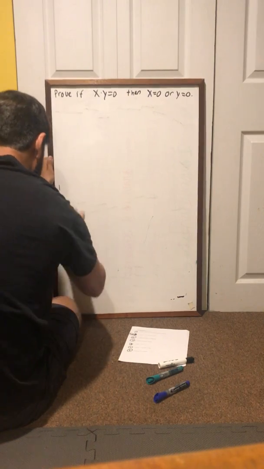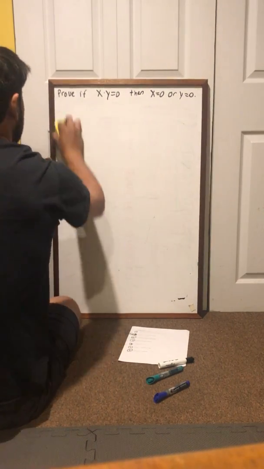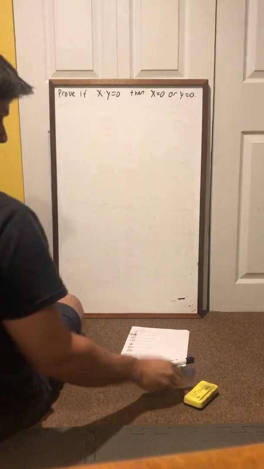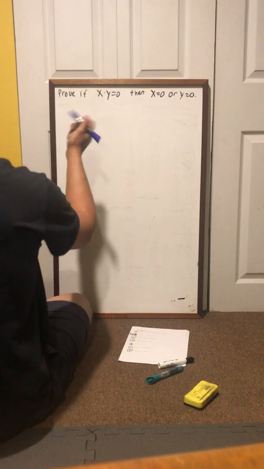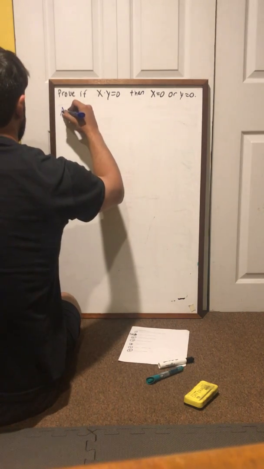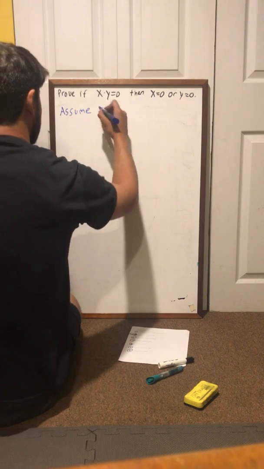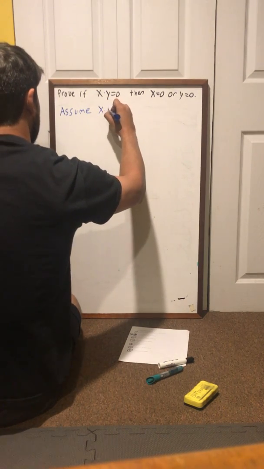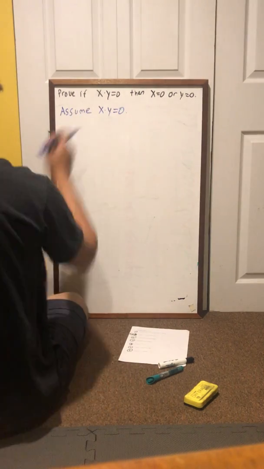So again, similar to the last problem, or similar to other problems we've done already, we're going to use our conditional statement and assume x times y equals 0. Okay, so that's the first part right up there.